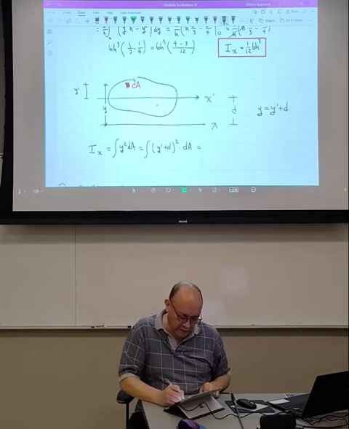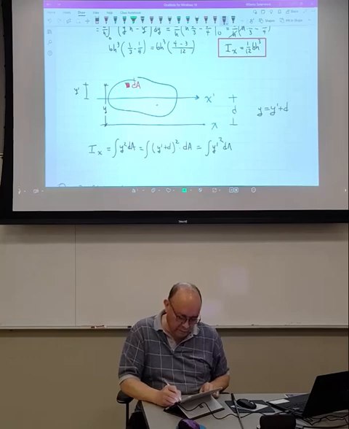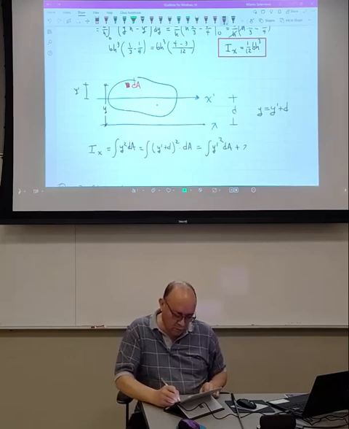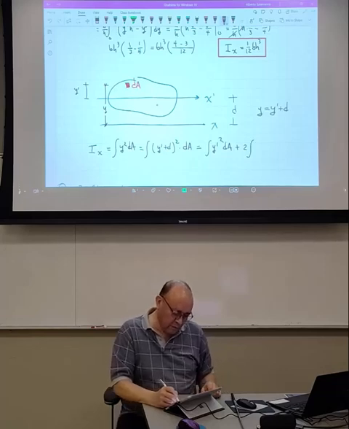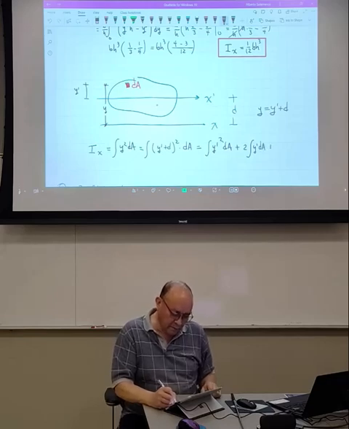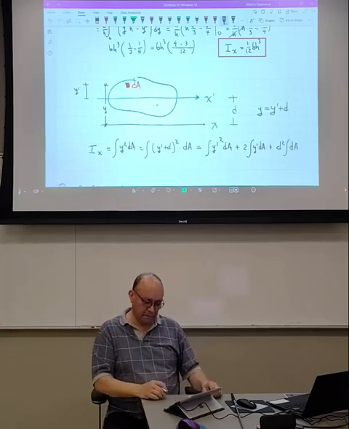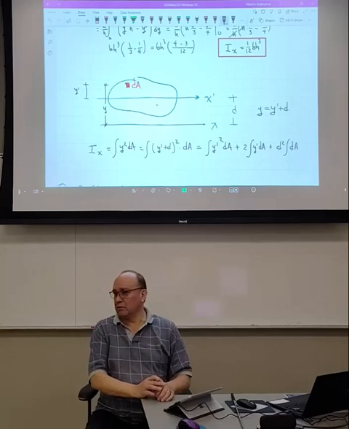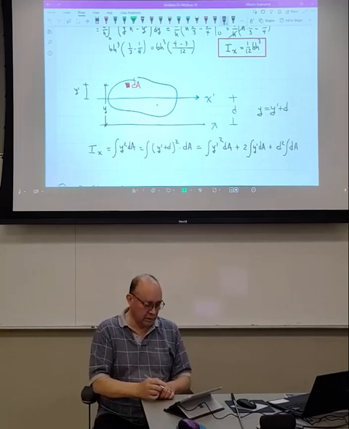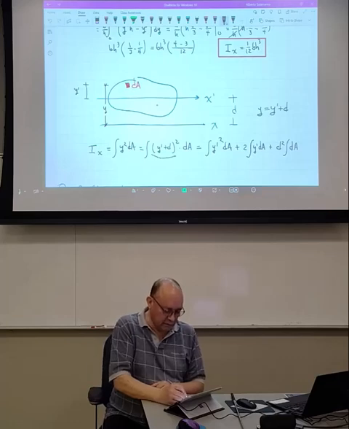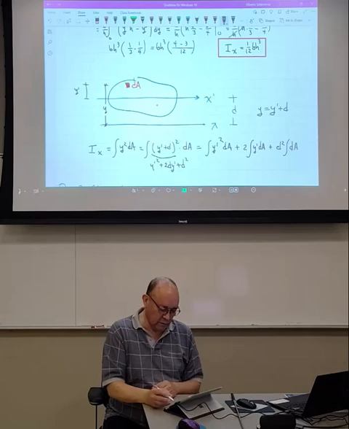So this will be the integral of y prime squared dA plus 2d integral of y prime dA plus d squared integral of dA, right? Everybody follows? Nobody got lost? I just expanded this: y prime squared plus 2d y prime plus d squared, right? And that's what we have here.